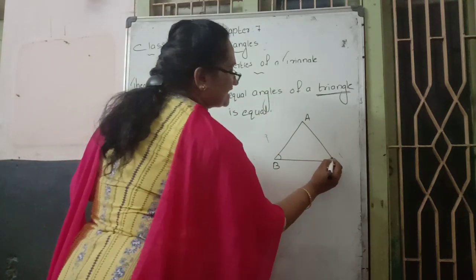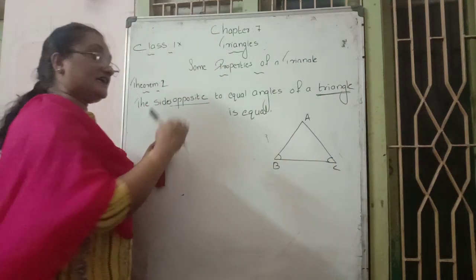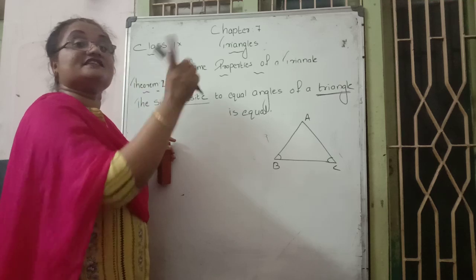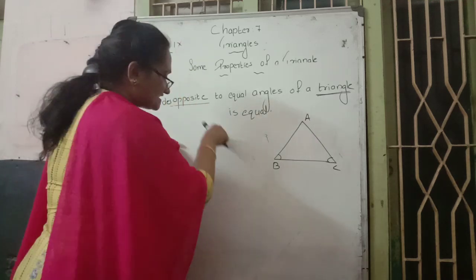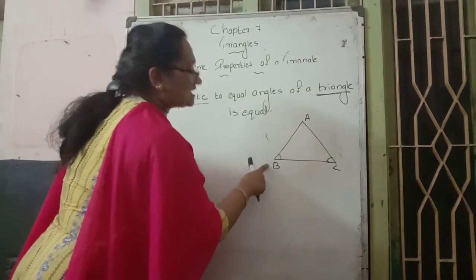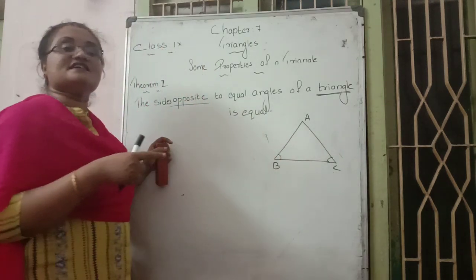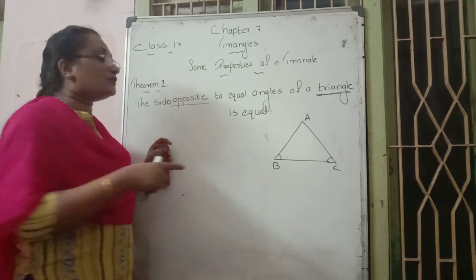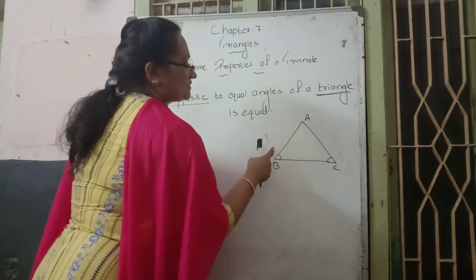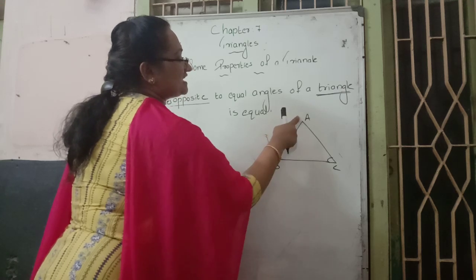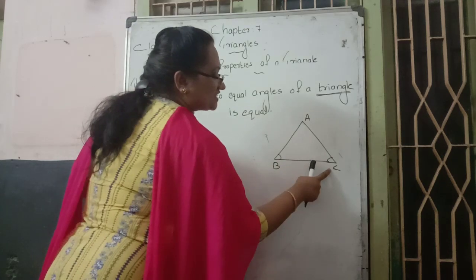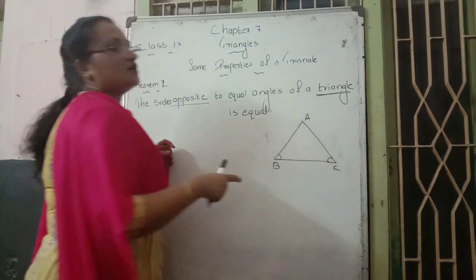Angle B and angle C are equal. In the previous theorem sides were equal, but in this second theorem they tell us that angles are equal, so we mark angle B and angle C as equal. What do we want to prove? The sides opposite the equal angles. With respect to angle B, side AC... with respect to angle B, AB is the opposite side, and with respect to angle C, AC is the opposite side.